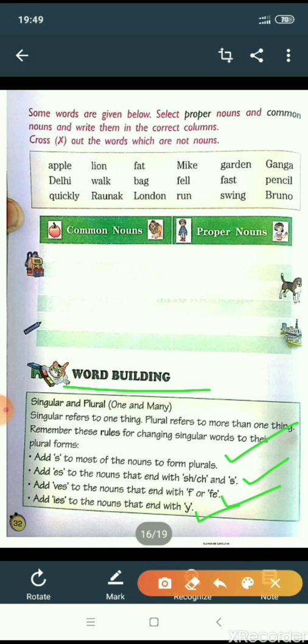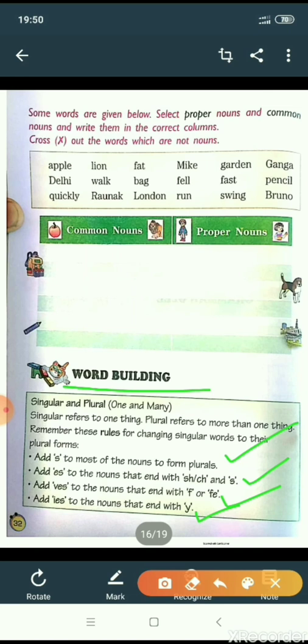For example, monkey, and to make its plural, we will write monkeys, since just before y there is letter e, which is a vowel. In other case, if the letter before y is a consonant, if it is not a vowel, then we will remove y and we will add ies to make it plural.